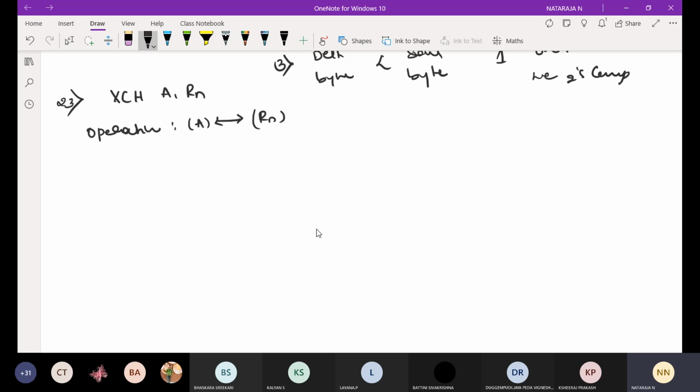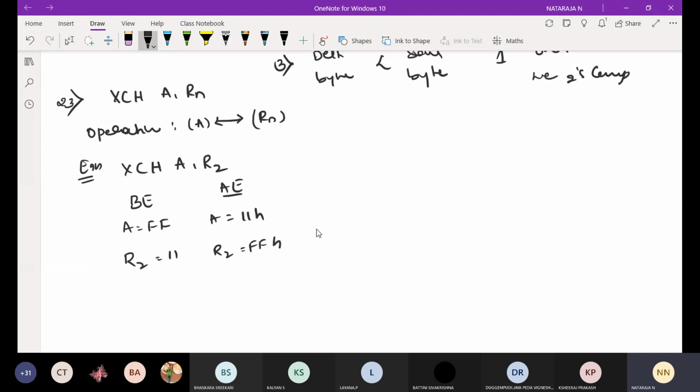Because we are just shuffling, swapping the data. Example: exchange A, R2. Before execution, A is equal to FFH, R2 is equal to 11H. After execution, A is equal to 11H and R2 is equal to FFH.